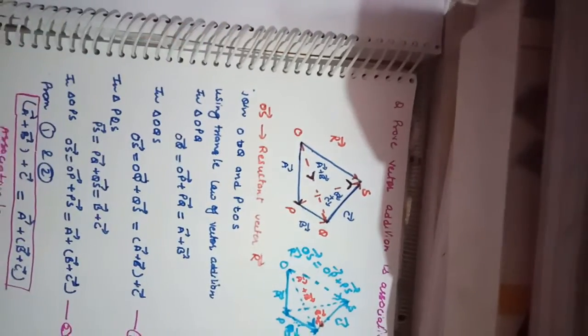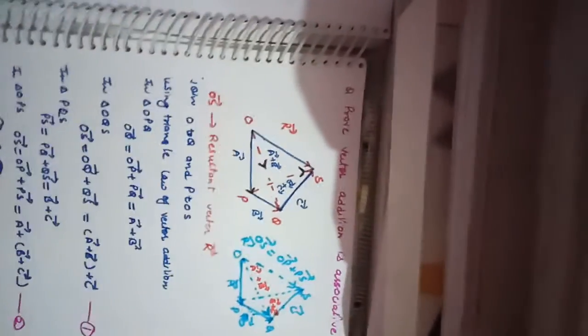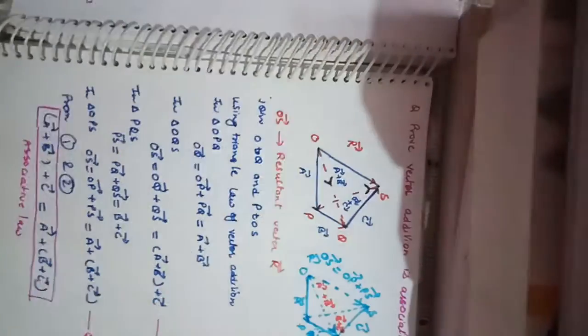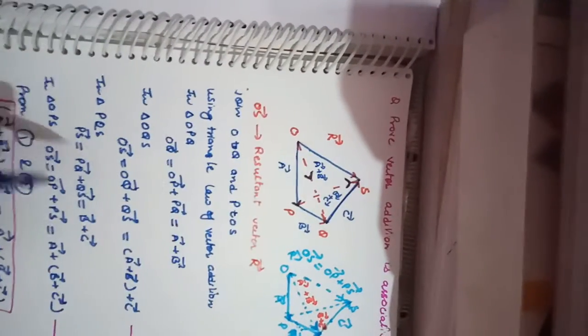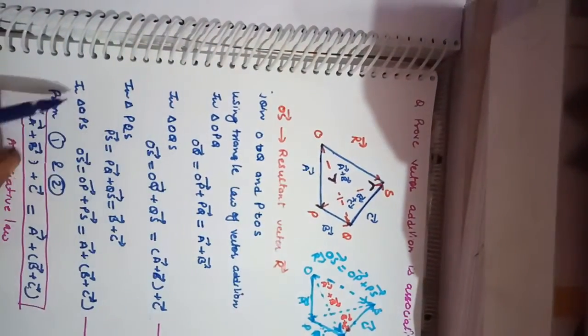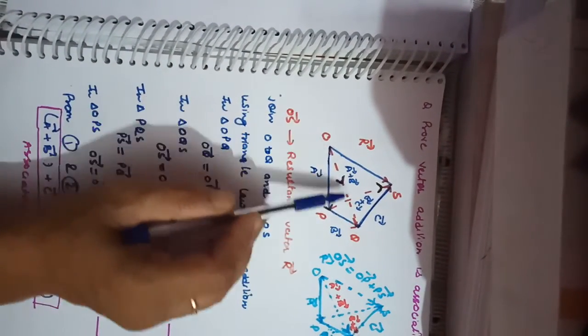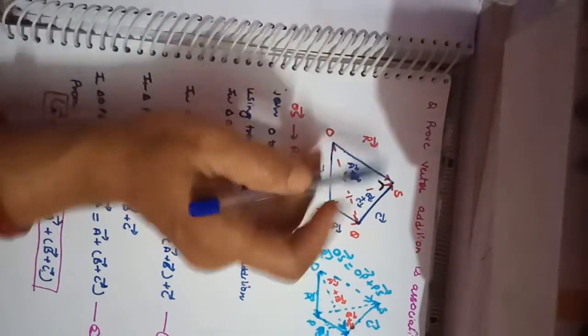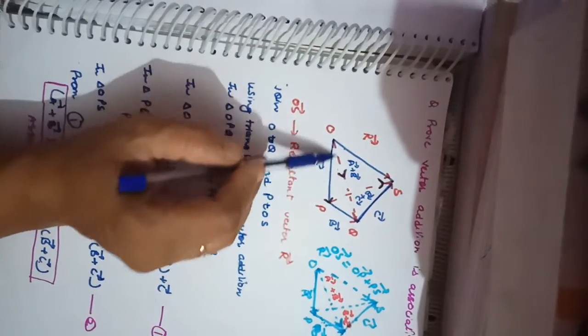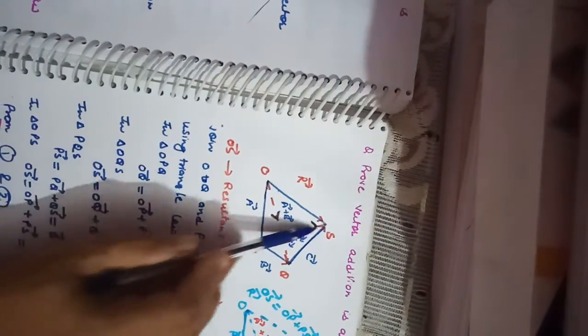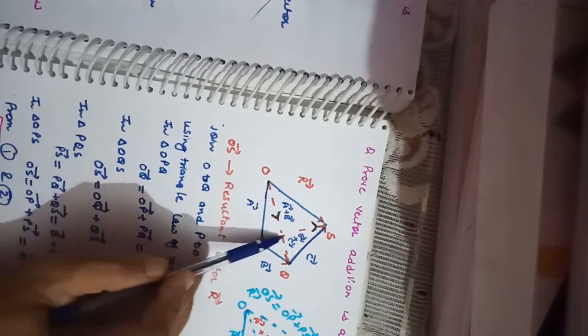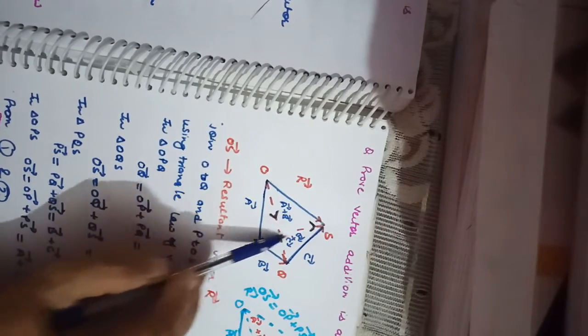Now come to the next, that is vector. You are now taking triangle OPS. What is OPS? This is triangle OPS. So in triangle OPS, A vector plus B plus C vector.